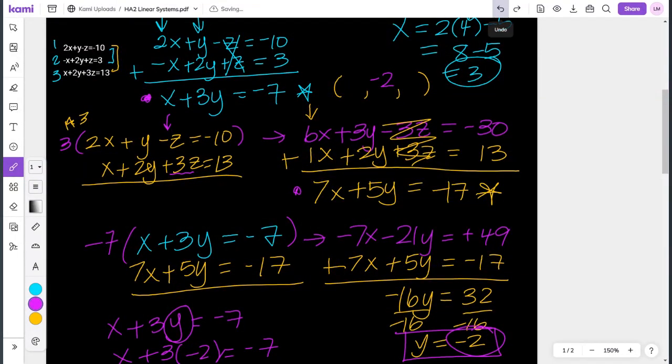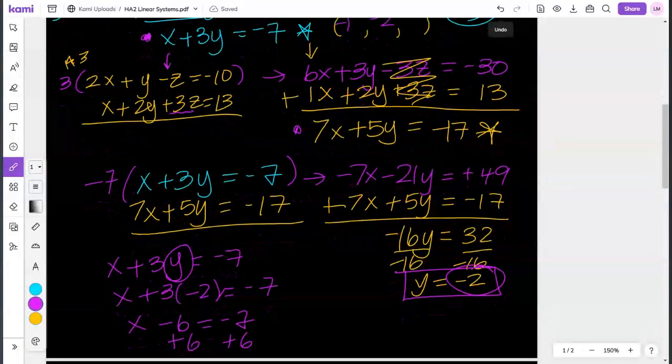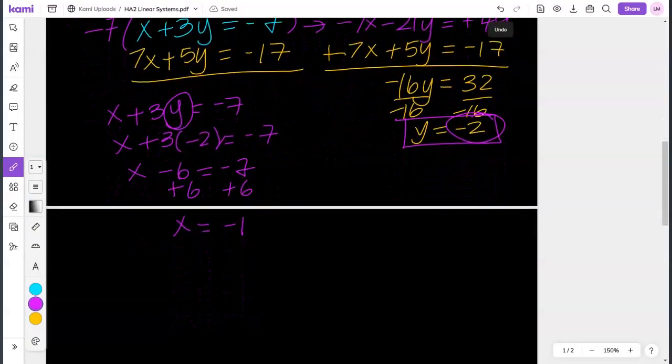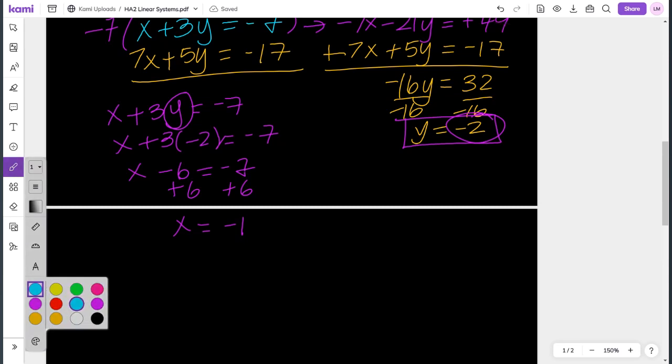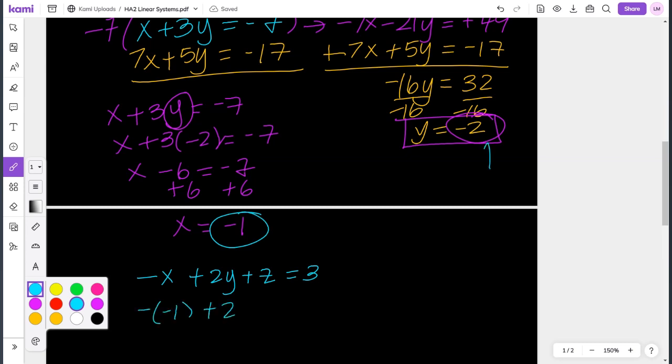So now that you have those two, I can find the third one by plugging into one of my original equations to solve for z. And I'm going to do number 2. So number 2 said -x plus 2y plus z equals 3. x is -1. y is -2.